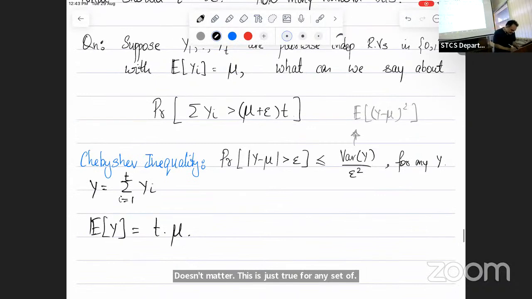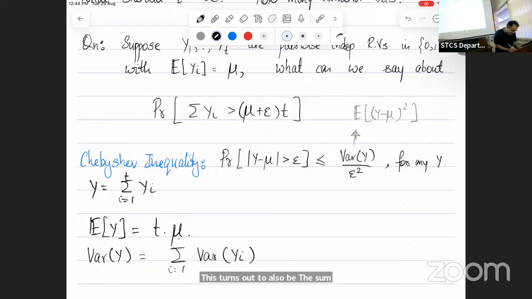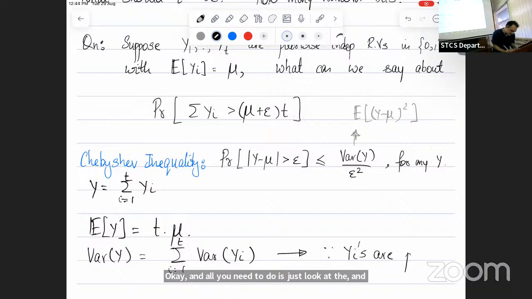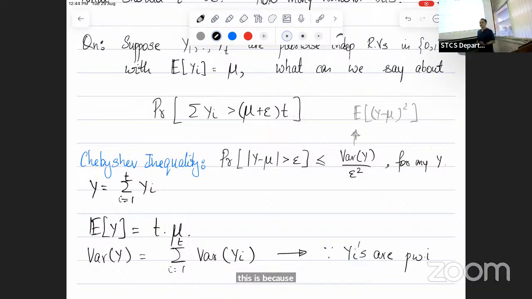But what you get in addition is that the variance of y turns out to also be the sum of the variances of the yi's. This is because the yi's are pairwise independent, and in some sense variance is like a degree 2 calculation, so things split up nicely.